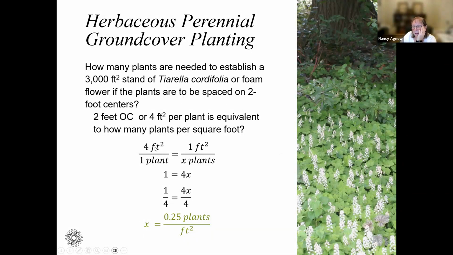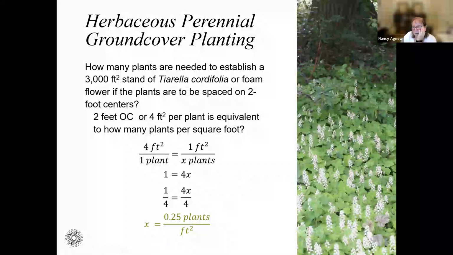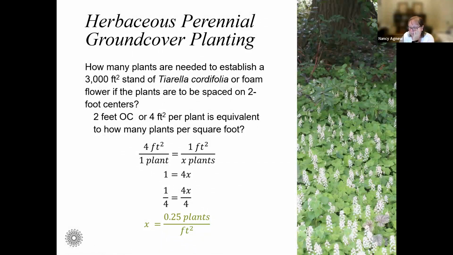So cross multiply: 4x equals 1. So we divide both sides by 4. So x equals 1 over 4, and 1 over 4 is equivalent to 0.25. So it's only 0.25 plants for every square foot.